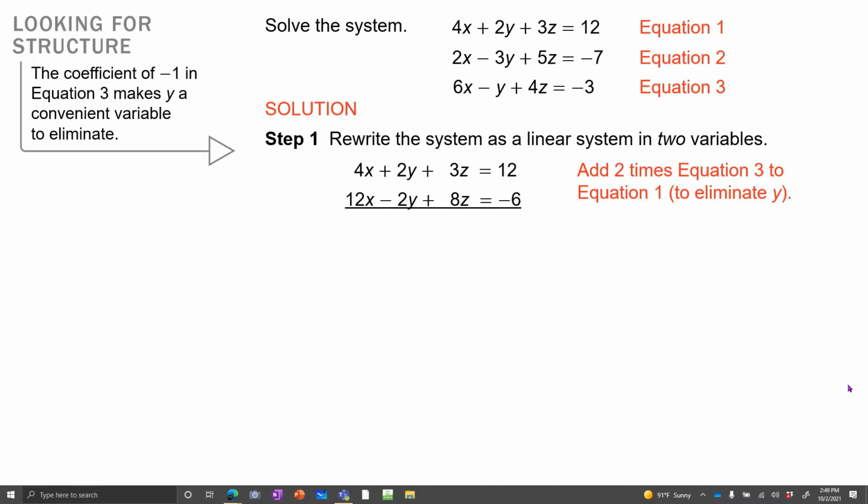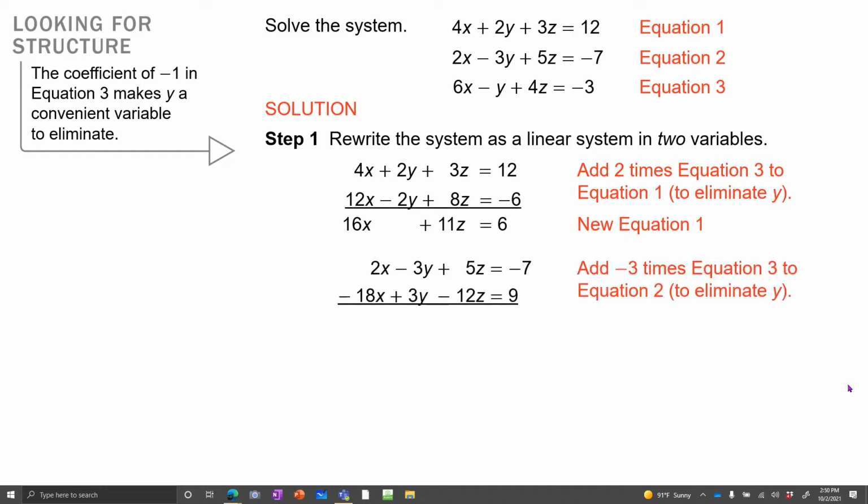So 4x plus 2y plus 3z equals 12 plus 12x minus 2y plus 8z equals negative 6. Add the like terms appearing in the same column to get 16x plus 11z equals 6, which you can call the new equation 1.